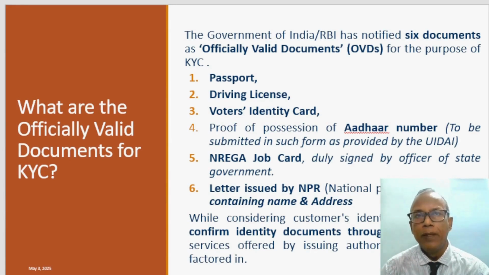These documents help verify the identity and address of the customer. The information must be current, free from inconsistencies, and verifiable either through web check or directly from the issuing authority.